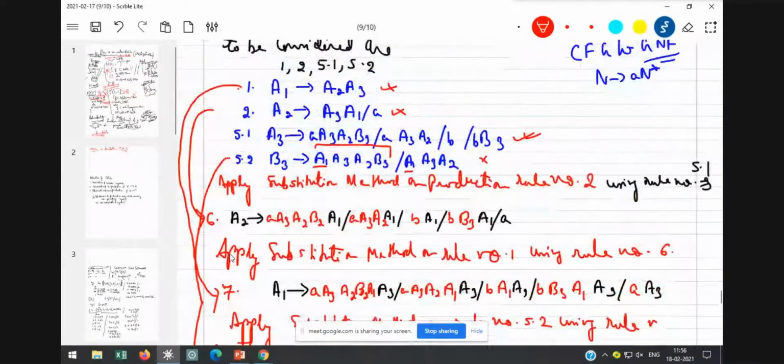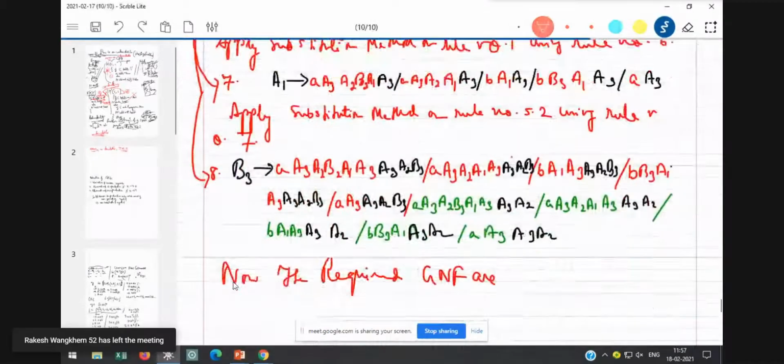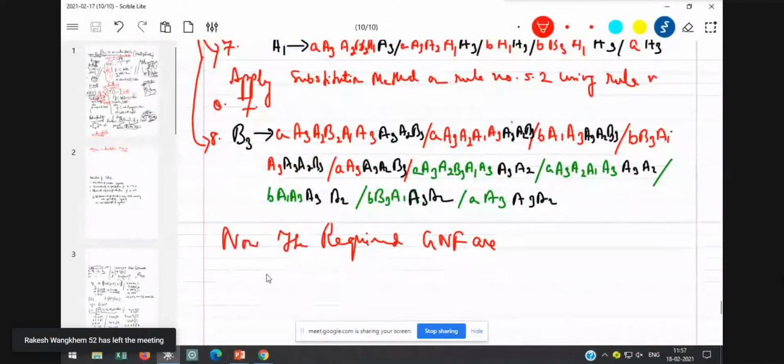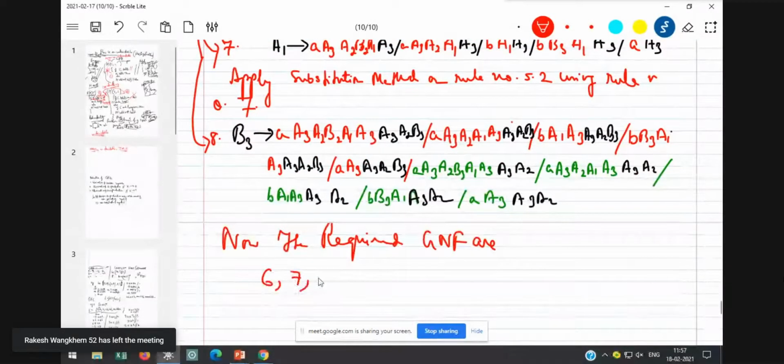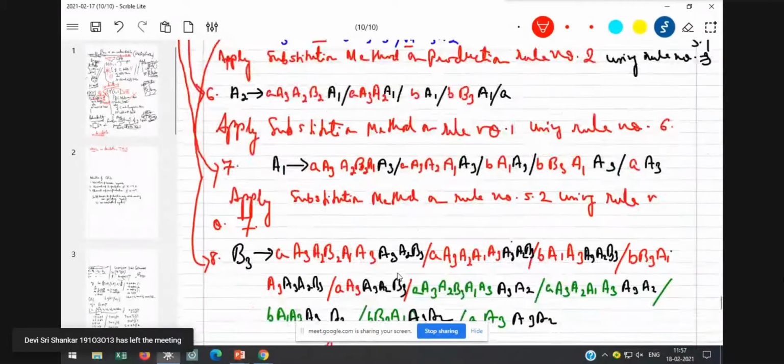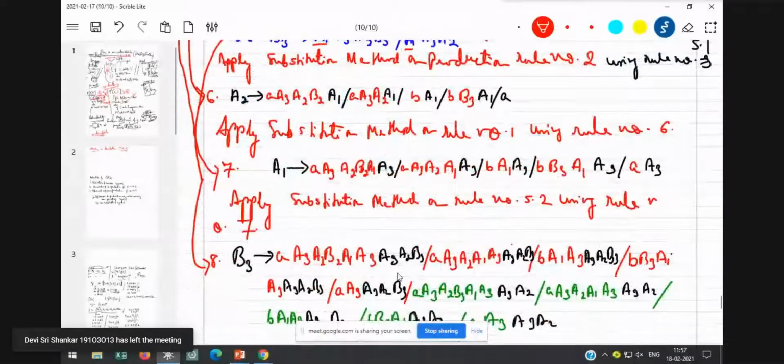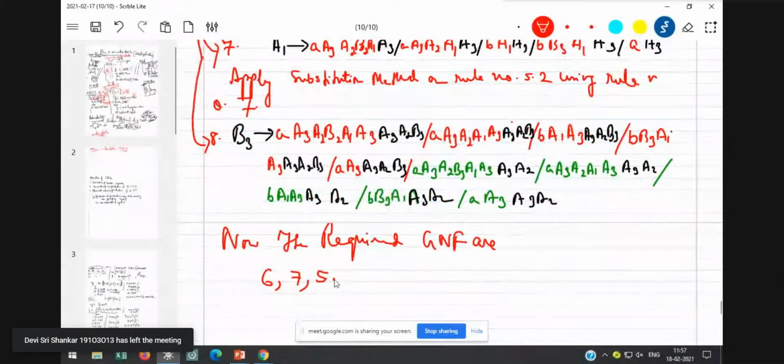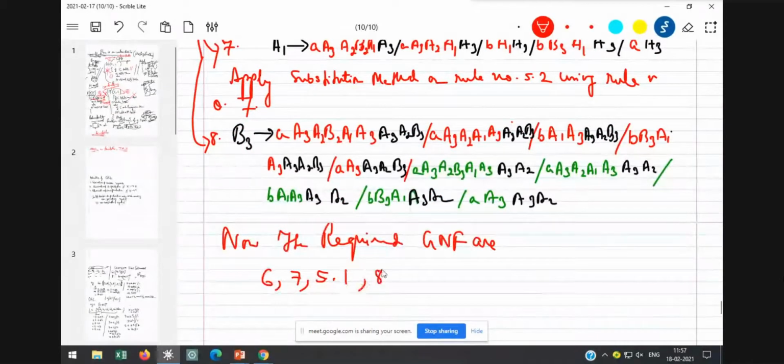Okay, now the required GNF are 6, 7, 5.1, 8. You should not write like this; in the exam you have to rewrite this.